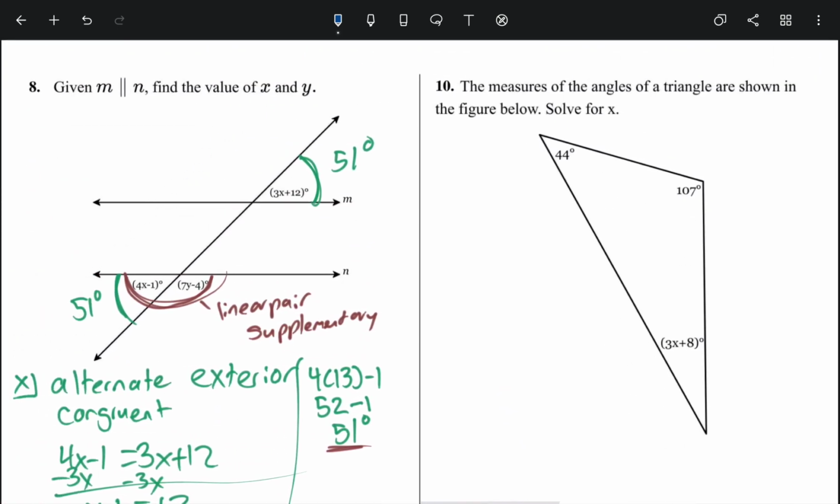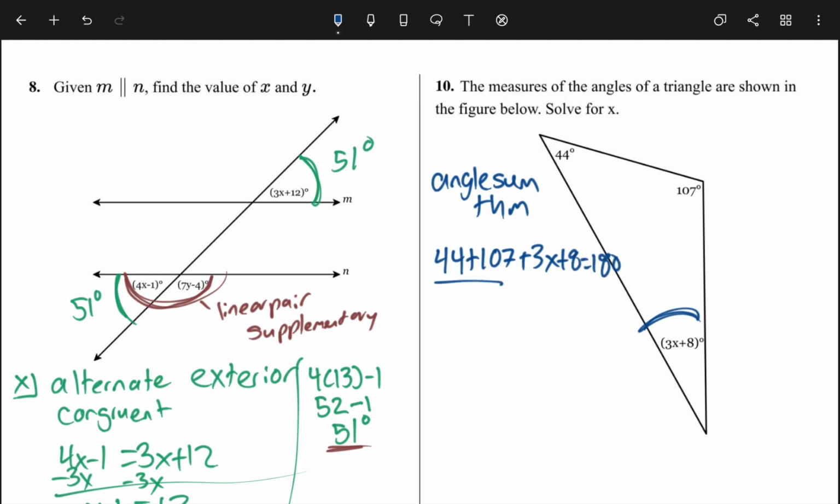Number 10, same sort of deal I could see. So the measures of the angles of a triangle are shown in the figure below. We want to solve for x. I only see interior angles, so I'm going to use just the angle sum theorem. So 44 plus 107 plus 3x plus 8 equals 180.